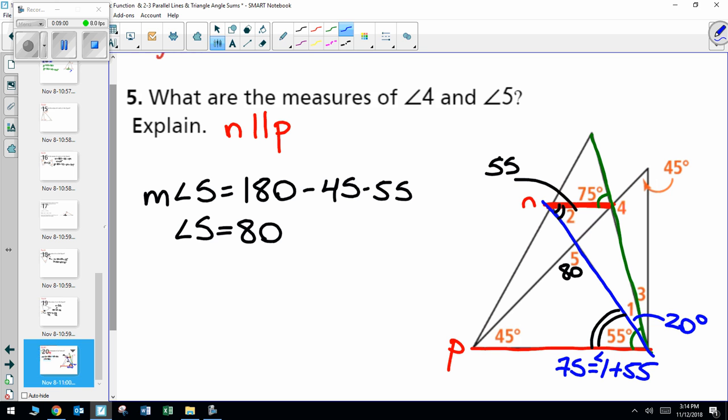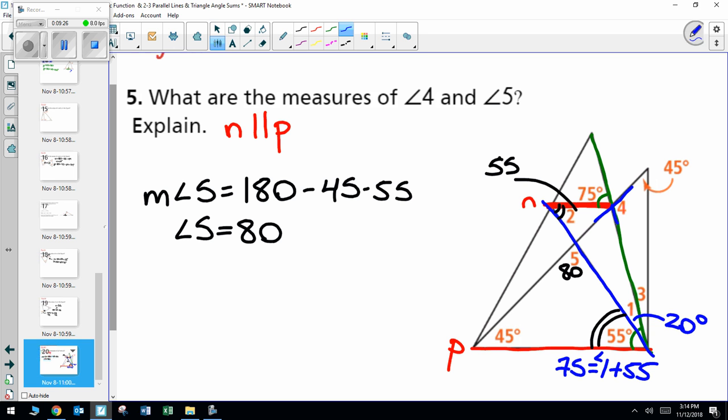If I want to find angle 4, I need to know angle 3, which I'm not sure of yet. I can find angle 4 a different way, though, if I knew what the other angle that made up the line with it was. And I could find that angle if I knew the other 2 angles in the triangle.